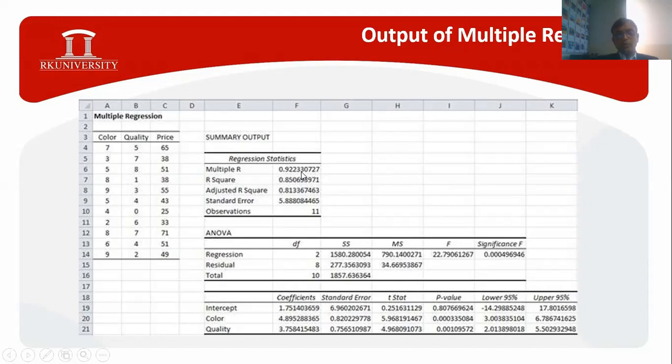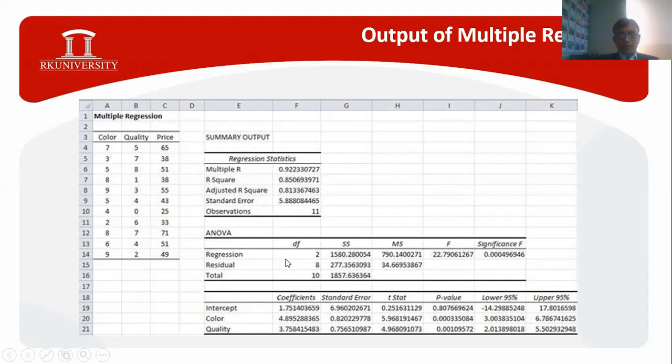That means 92.23% of the variability can be explained by these two variables only, right? So it is a significantly very good model, and the model which we have developed to predict the price is a good model and fit for regression analysis.